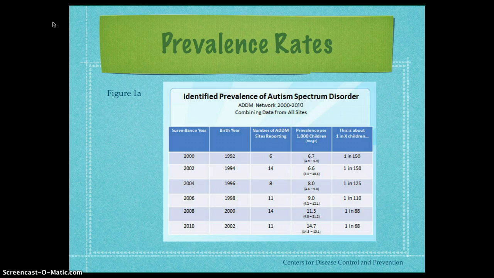And something we're not going to get into today, but I will just go ahead and throw it out for you, is there's some debate over what is causing that increase. Some people think that we might just be doing a lot better job of catching the disorder and diagnosing students with it. Some people think that there could be something in the environment that is causing the higher rates of autism.